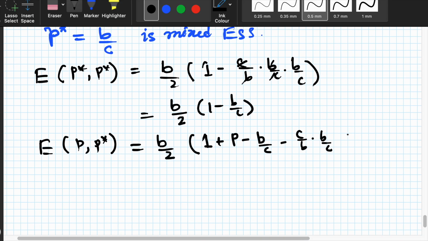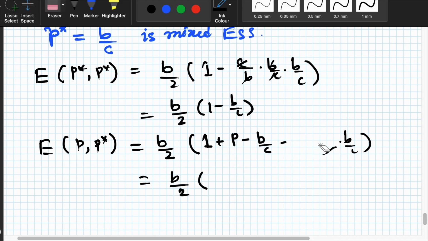So this it will get into b by c. So this is cancelled, so this will become b/2. Okay, I missed a point here. So this is c/b into p star, meaning b/c into p. So this is cancelled. So this p cancelled, and what remains is 1 minus p/c.